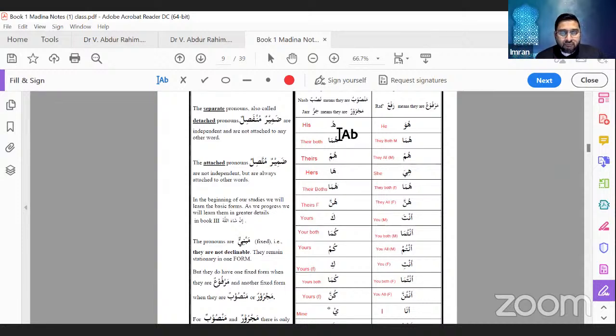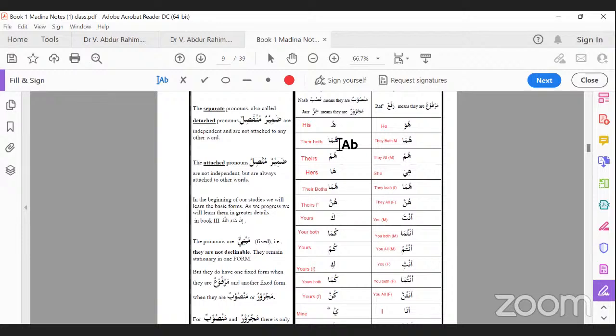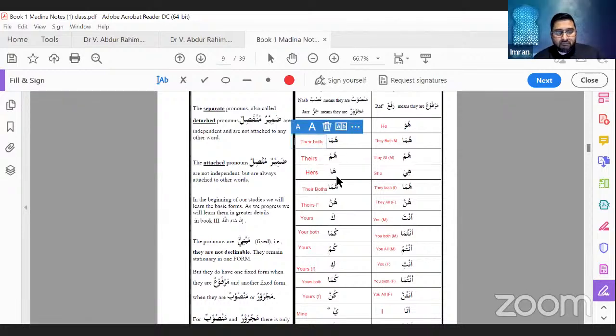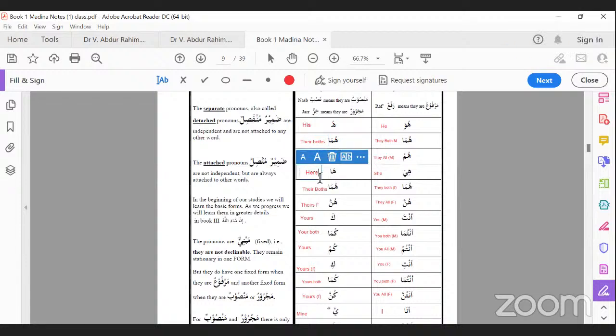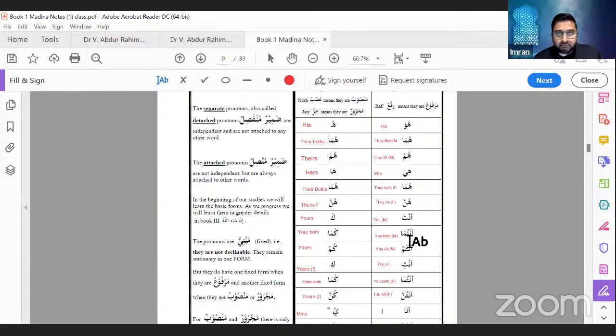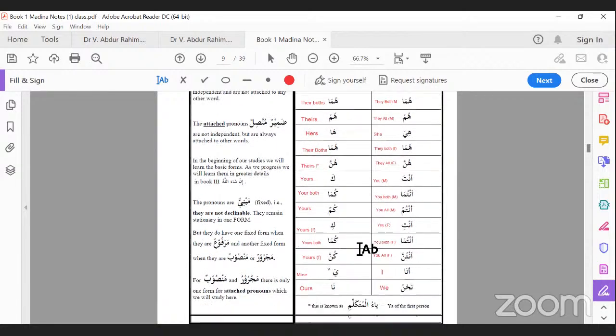Go ahead. Hu, his. Huma, they both, their both. Hum, theirs, all for plural. Ha, hers. Huma, their both, female. Hunna, their all females. Ka, yours. Kuma, your both.